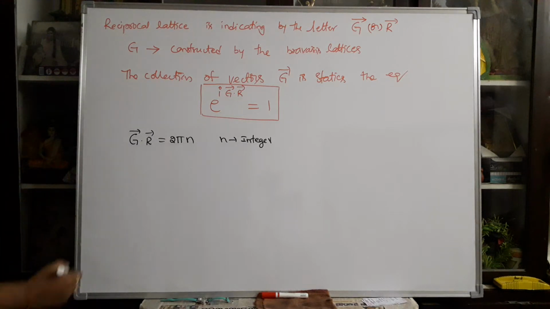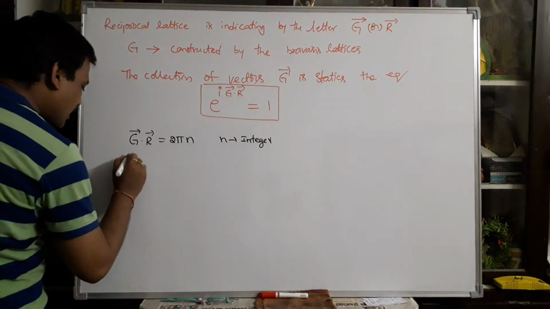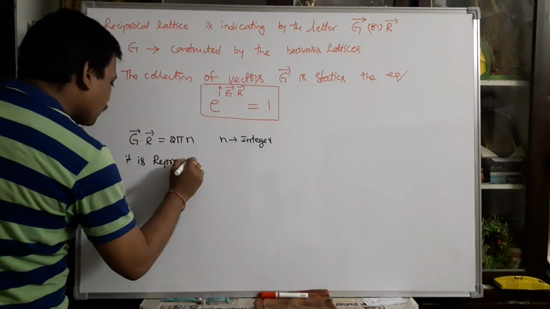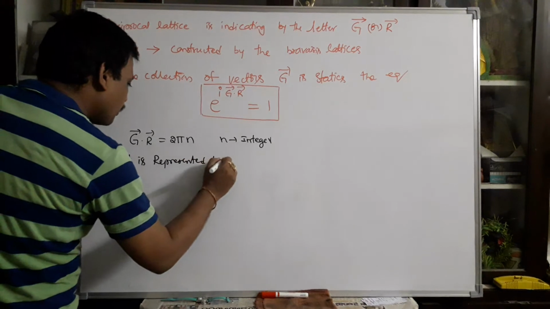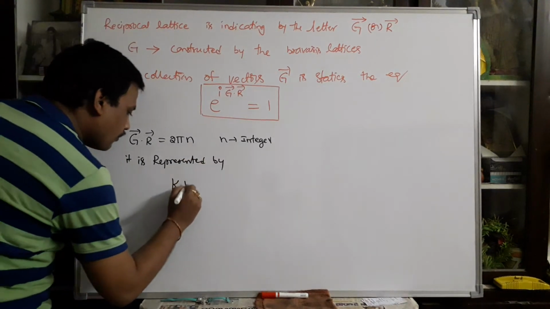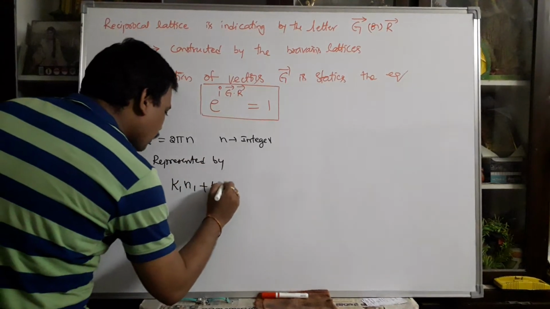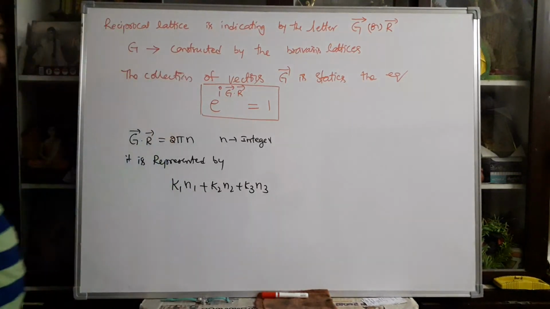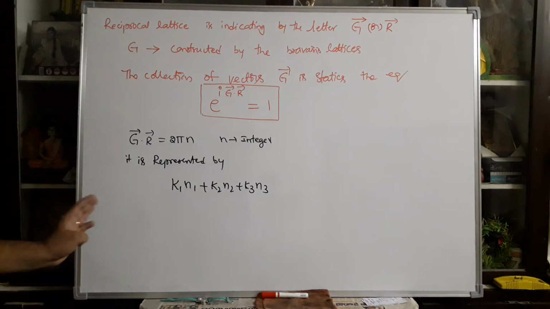In terms of k space, the reciprocal lattice vector can be represented by k1 n1 plus k2 n2 plus k3 n3.